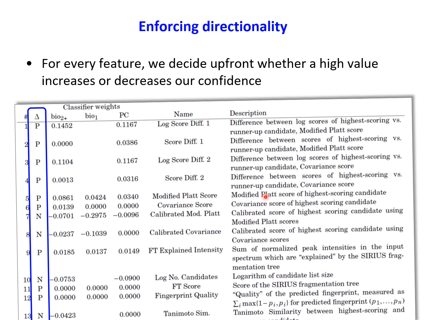The scores themselves should increase our confidence with high values. And then there are other things like the calibrated score, which is a logarithm, so small values are actually better. So a low value should increase our confidence. We do that beforehand, and we tell the machine learning optimizer that we don't want these features to be used in the other direction. If it has to use it in the other direction, rather don't use it at all.